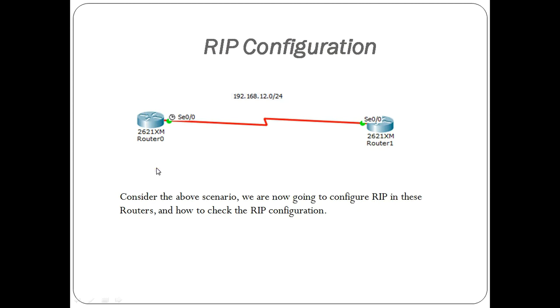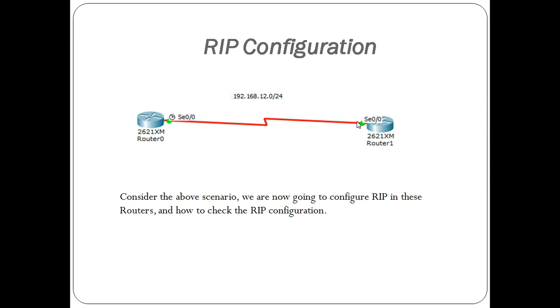Since 12.0 is directly connected, it will not come under the RIP routes, that is, the routing table of RIP. Directly connected interfaces have an AD value of 0, and since the router gives more priority based on AD, it gives more priority to the directly connected interfaces.